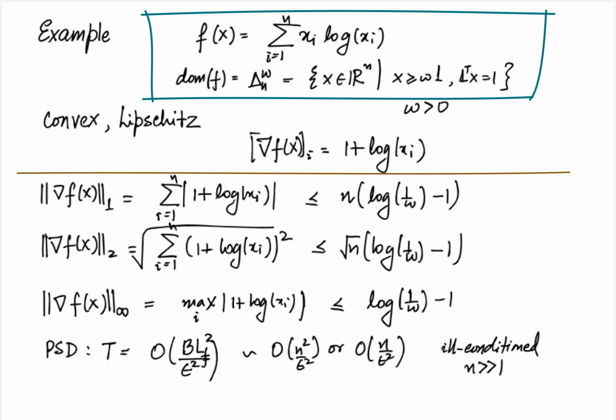In contrast, suppose that we were using an algorithm whose complexity depended on the infinity norm of the gradient, then the oracle complexity would be independent of n and therefore not so large. In summary, this example demonstrates that the oracle complexity depends on the distance metric in terms of which the oracle complexity has been characterized.